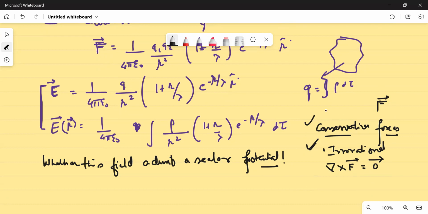So for example, the electric field which we derive in electrostatic conditions from static point charges is a conservative vector field. And conservative vector field means what?